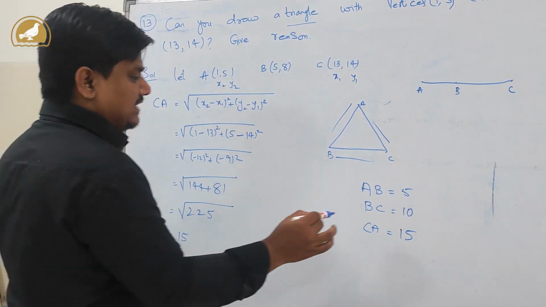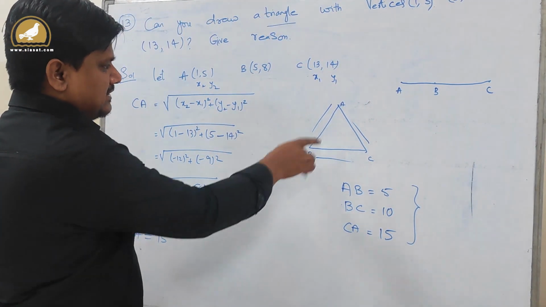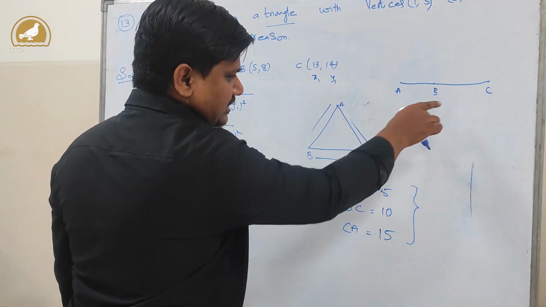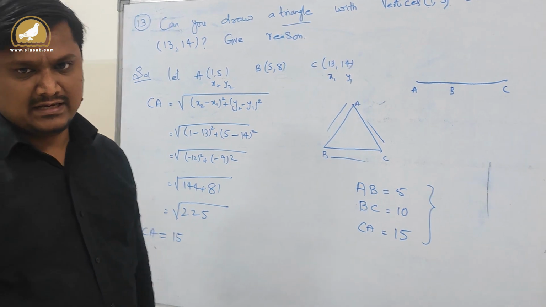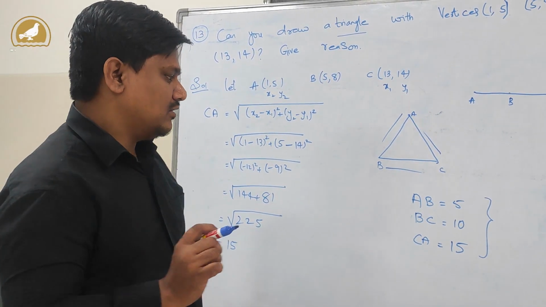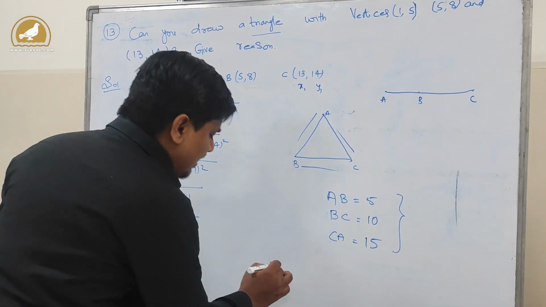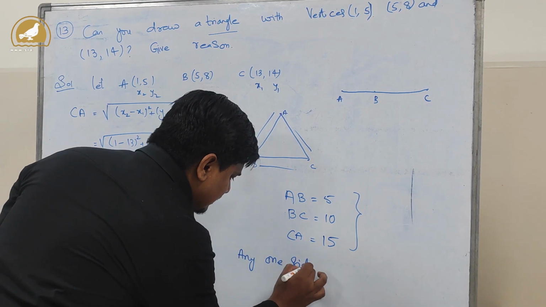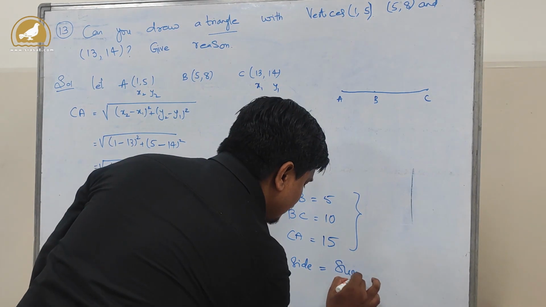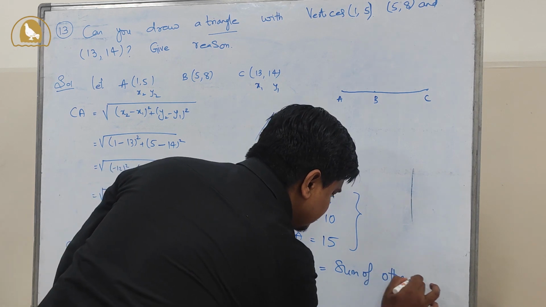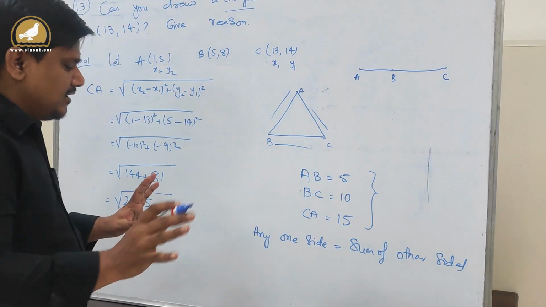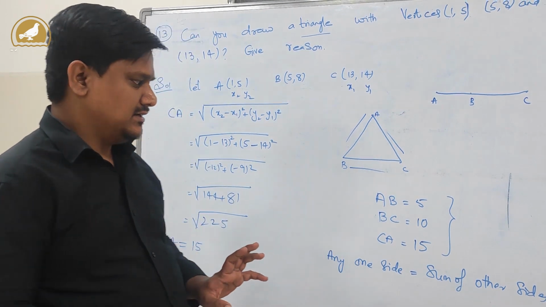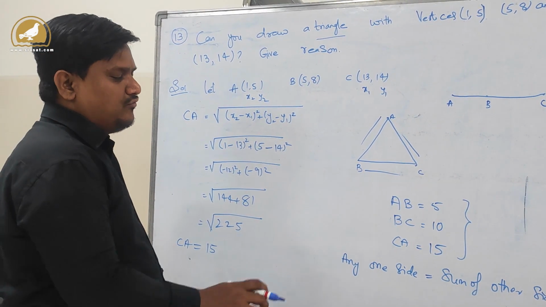Now we need to find whether these 3 points A, B, C can form a triangle or are collinear. To check that, we have to check whether any one side is equal to the sum of the other two sides. If any one side is equal to the sum of the other two sides, then we cannot form a triangle.